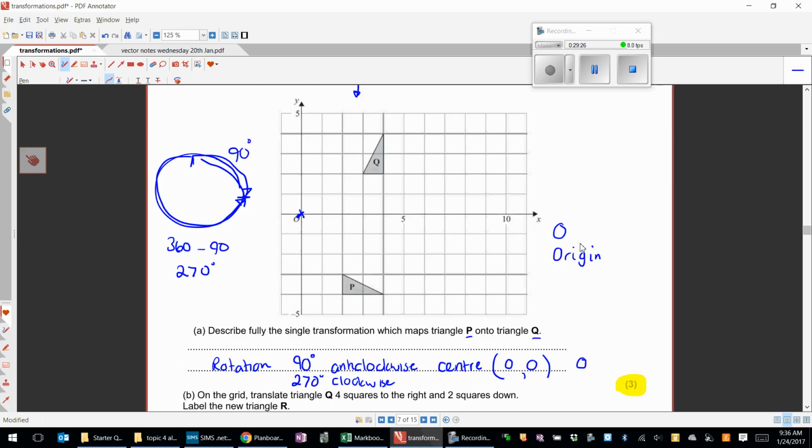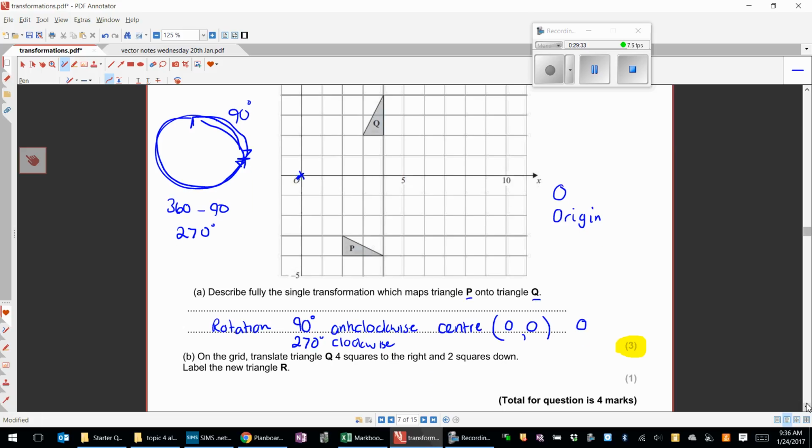Now, on the grid, translate triangle Q 4 squares to the right, 2 squares down. Go for it. Okay, so translate Q, you start at Q, 4 squares to the right.